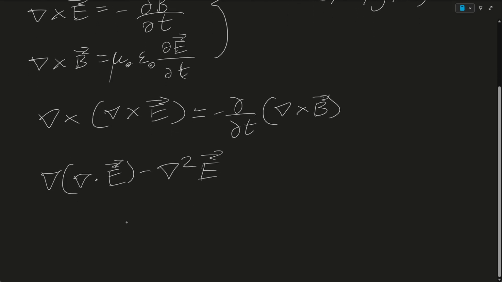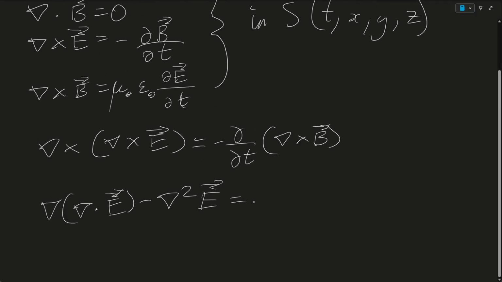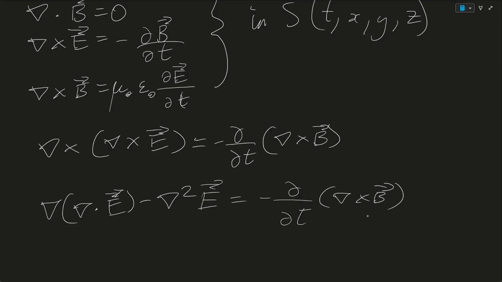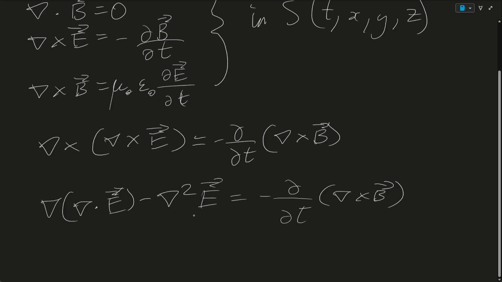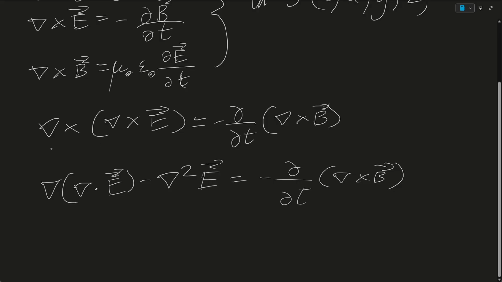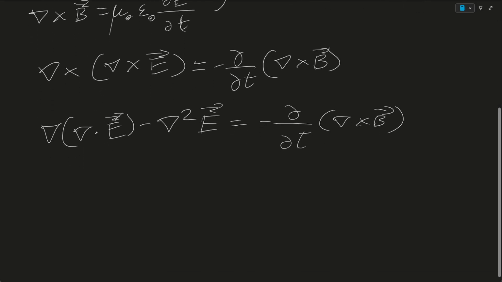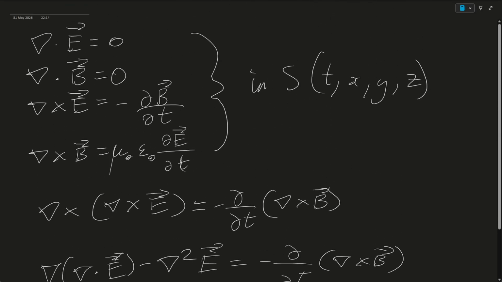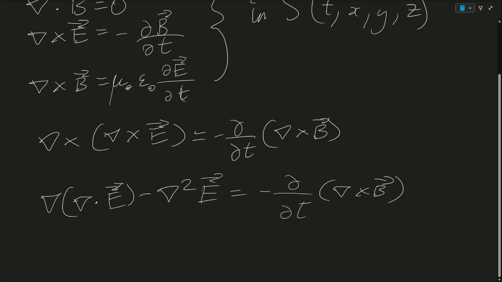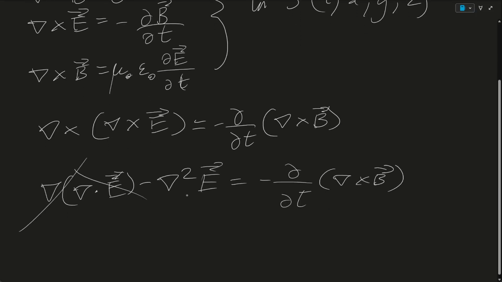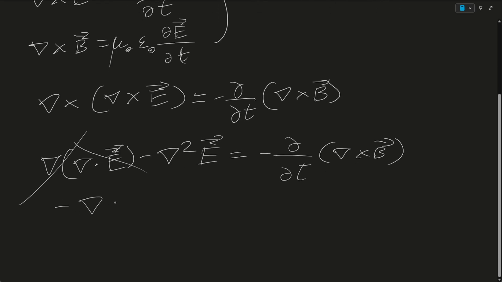And then that's equal to minus the time derivative of the curl of B. My T's are too high because I'm used to a small physical distance relating to a small difference on that screen. Anyway, the left side then becomes Gauss's law, which is of course 0, so that goes, and so minus the Laplacian of E is equal to minus d/dt of the curl of B.